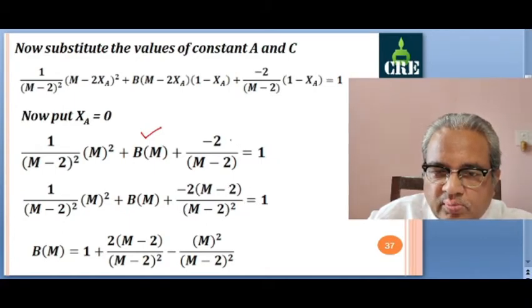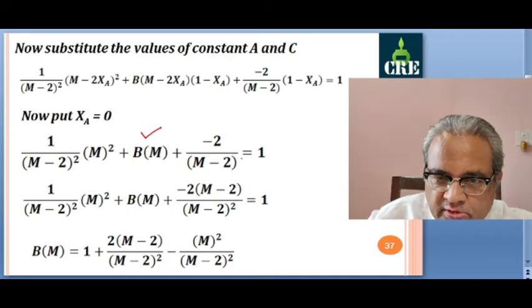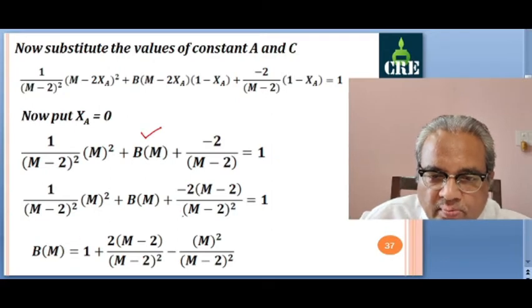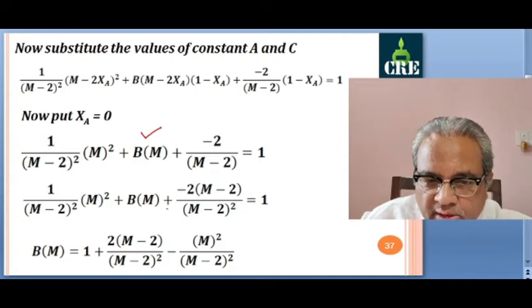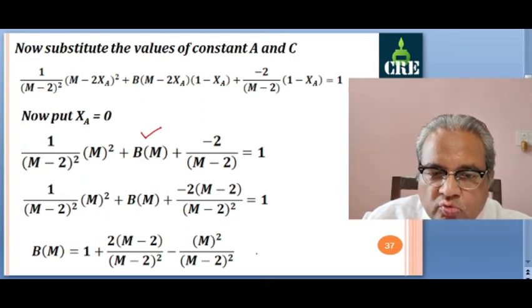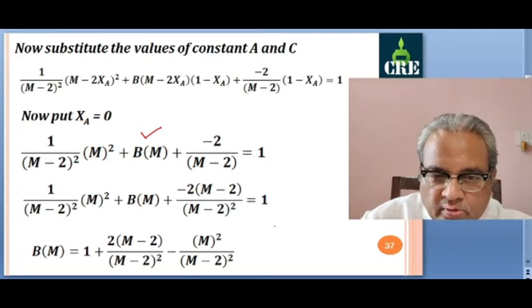What we have done is simply multiplied and divided this term by (M minus 2). Okay. So B into M becomes 1, and this term is minus, so plus 2 into (M minus 2) by (M minus 2) whole square minus M square by (M minus 2) whole square.